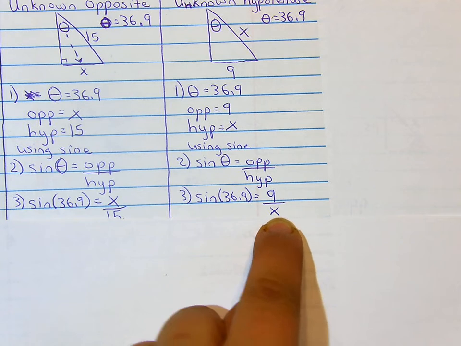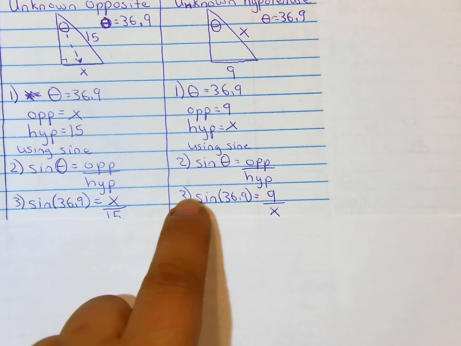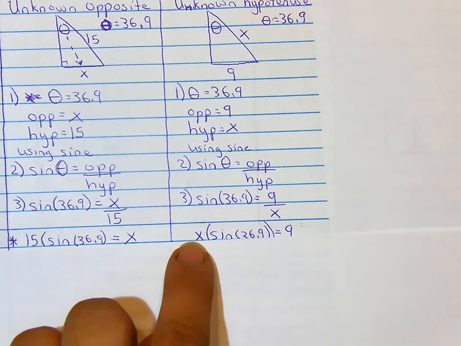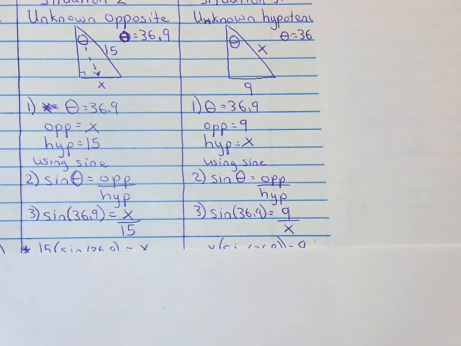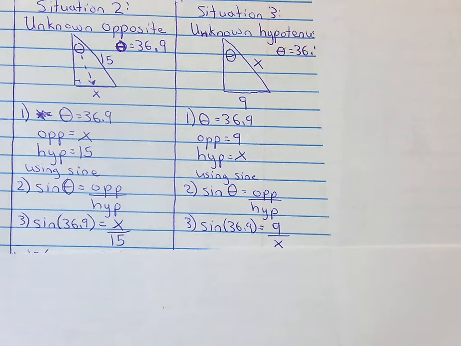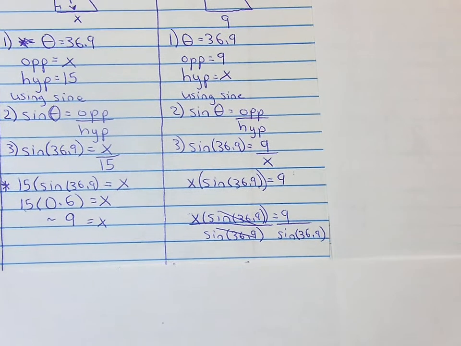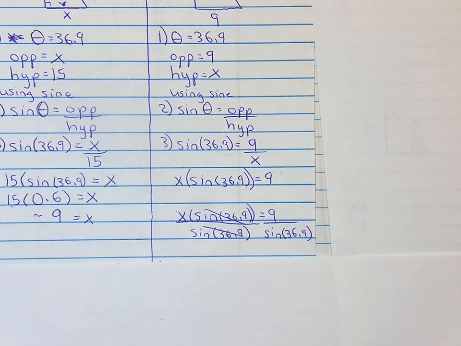Using proportions, I would multiply both sides by x. These would cancel. I'd have my x over here. And then in order to get x by itself, I have to divide both sides by sine.